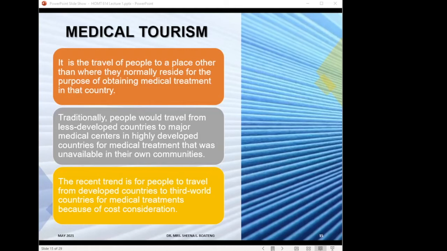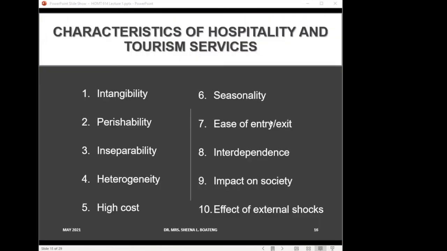Good. So we are observing both, and currently the developed are now moving to the third world countries for medical treatments, right? Which, like we have just established, sometimes do not go so well, right? However, it is medical tourism, and it is currently happening as we are talking, right? So that's another type of tourism that we need to be cognizant of.